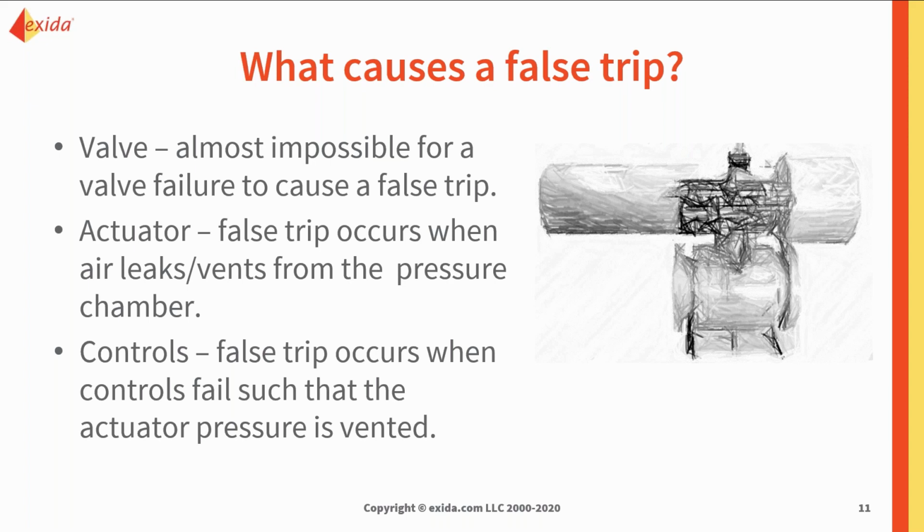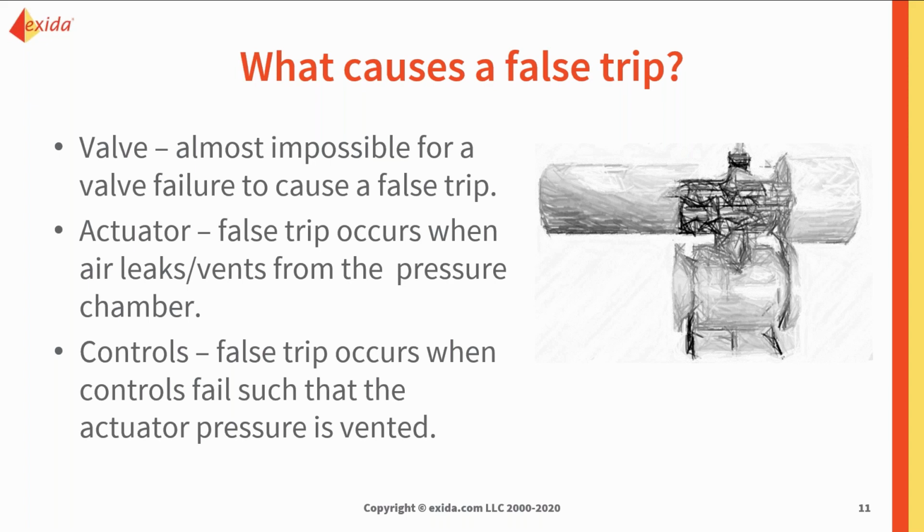Next, let's take off the actuator hat and put on the control hat. We're talking about our solenoids and so on. Again, thinking of just those devices, it's pretty easy to have a false trip. The controls could tell the actuator to vent its pressure when it's not needed.